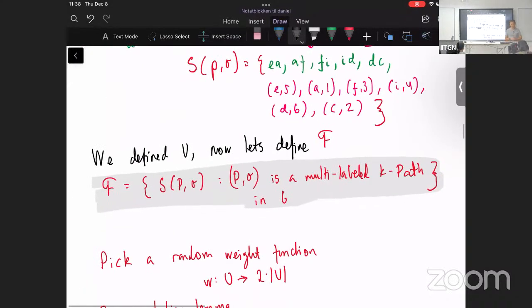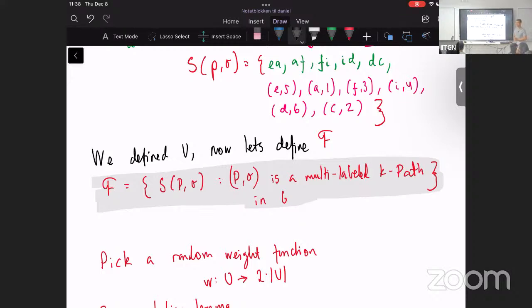We defined U, we defined S of P sigma. Now we can define the family on which we will apply the isolation lemma. The family is simply the set of all S of P sigma where P is a k-path in G and sigma is a multi-labeling of it.